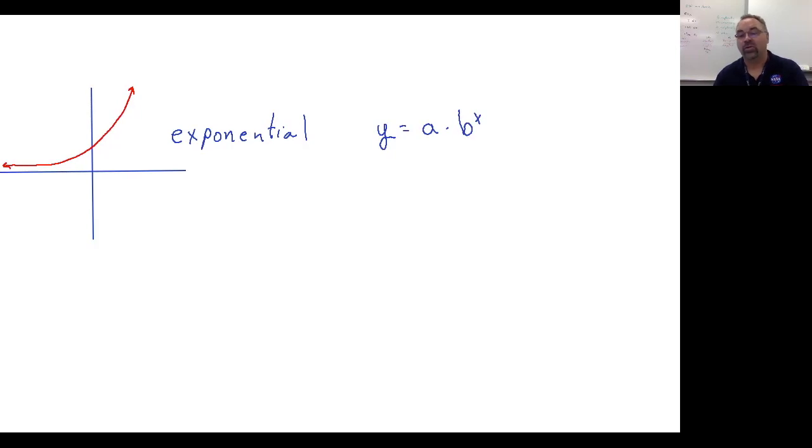And there's sometimes this coefficient a out there. And so when we see exponential functions, we might see a function that goes like this. That would be, for those of you who are really sharp and remember, exponential growth. Because we dealt with both exponential growth and exponential decay problems before as well.